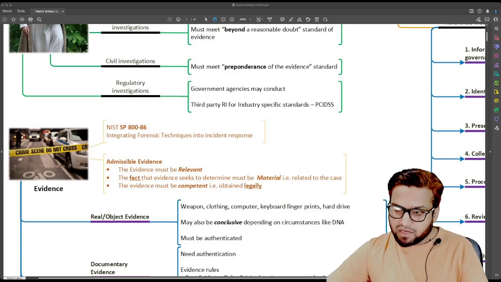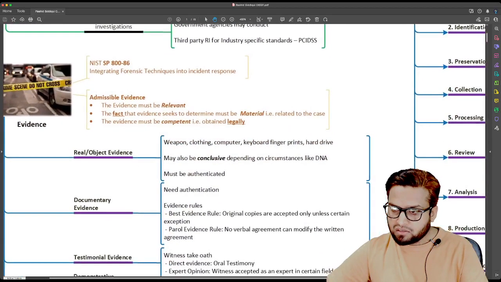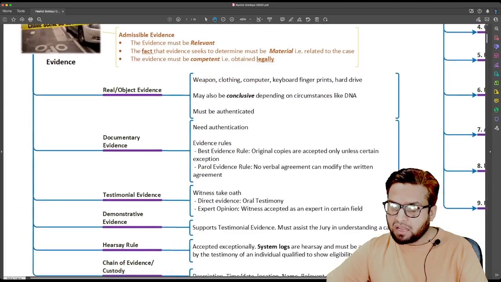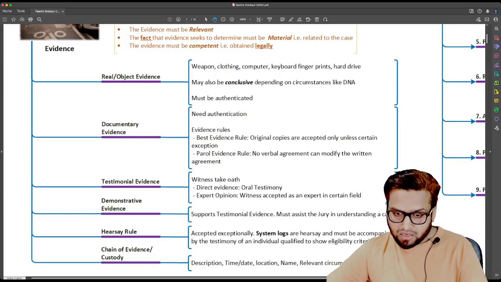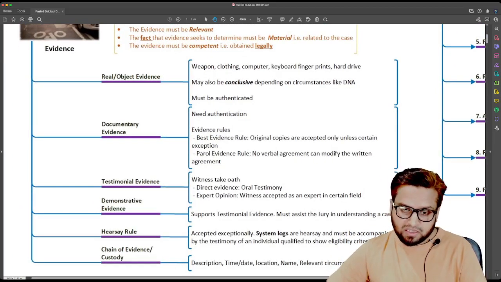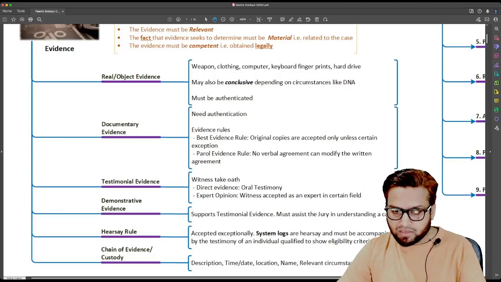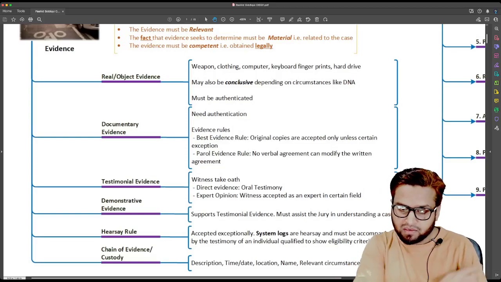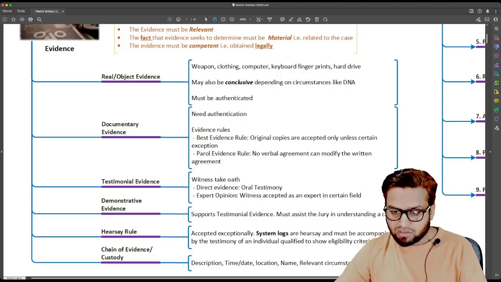What are the types of evidence? We'll quickly go through the different types of evidence. Real or object evidence is any evidence which is in material form, like weapon, clothing, computer, keyboard, fingerprints, hard drive. They may also be conclusive depending on the circumstances, like DNA.